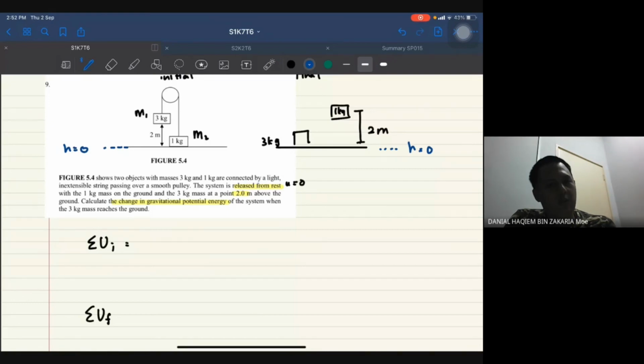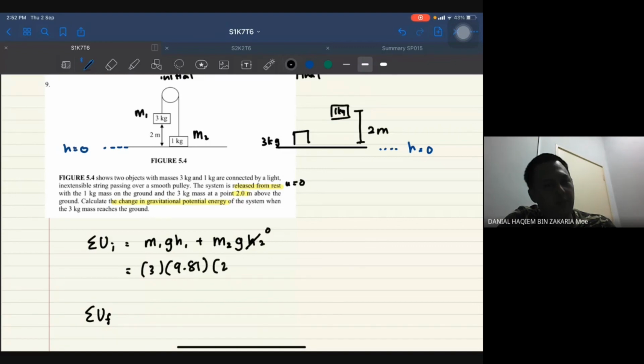Okay, U initial, you have m1 g h1 plus m2 g h2. But the object 2 is on the ground, so the height is equal to 0, right? So the whole term here becomes 0. Okay, so you just have the 3, 9.81, and the height is equal to 2.